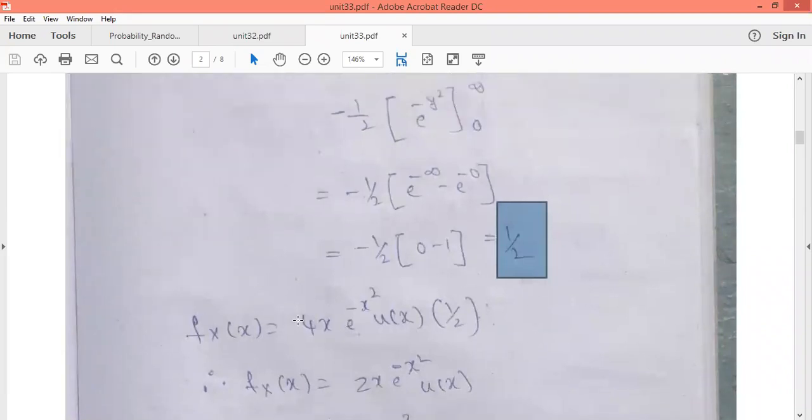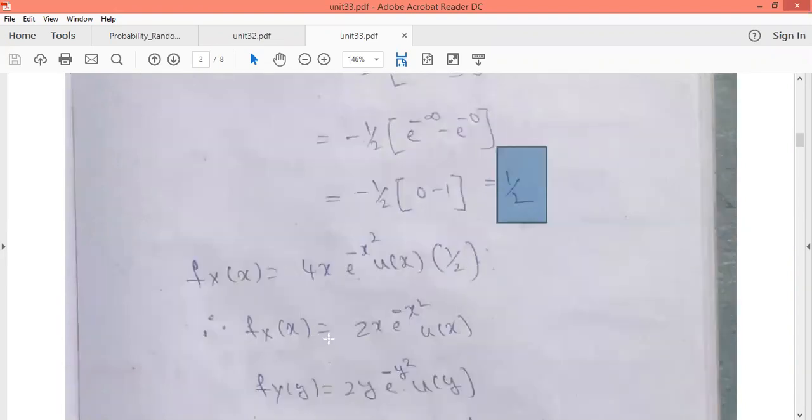So f_X(x) is 4x e^{-x²} u(x) into the integral value 1 by 2. So f_X(x) is 2x e^{-x²} u(x).